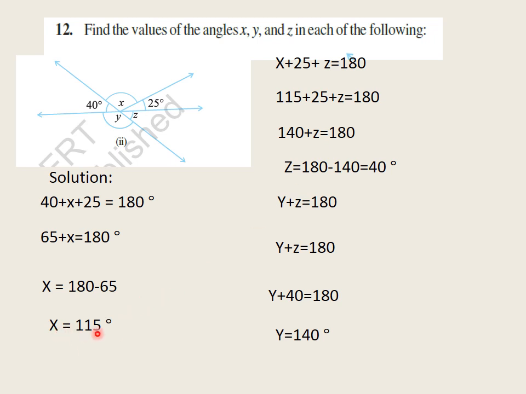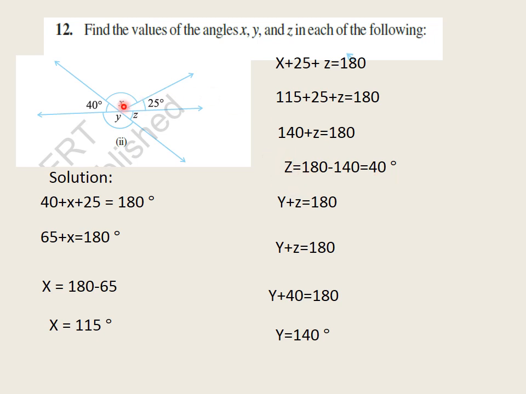The x value is 115, so 115 plus 25 plus z is equal to 180 degrees. 115 plus 25 is 140, plus z equals 180 degrees. Take this 140 to the right hand side, and it becomes 180 minus 140, which is 40 degrees. That is the value of z.